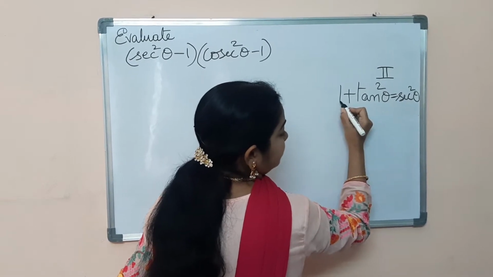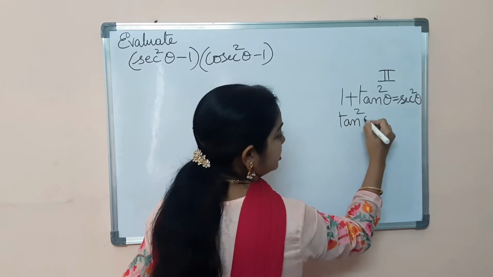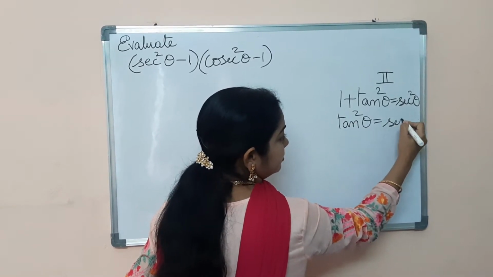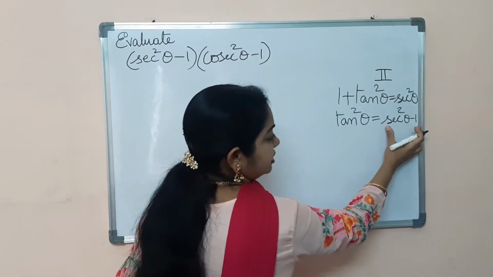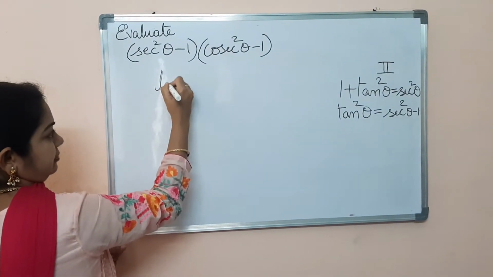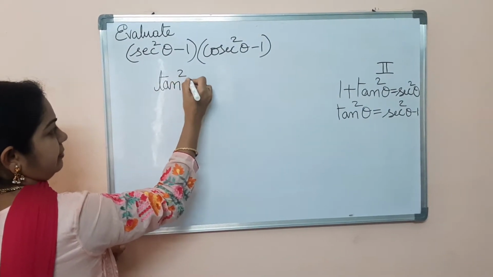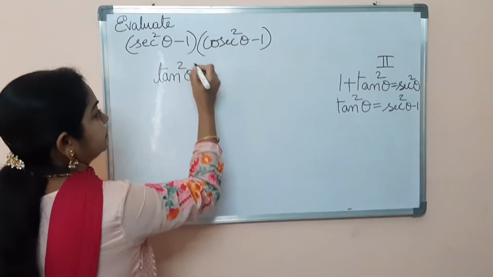If I send this 1 to the other side, it becomes the deduced equation secant square theta minus 1. So instead of secant square theta minus 1, I will substitute tan square theta here. That means we are making use of the identity in our problem.